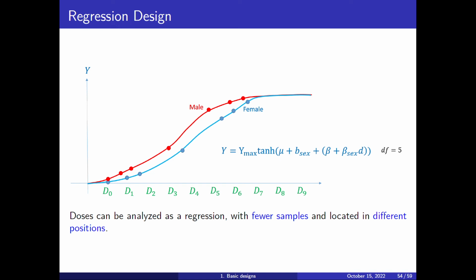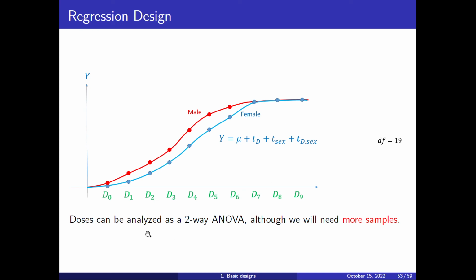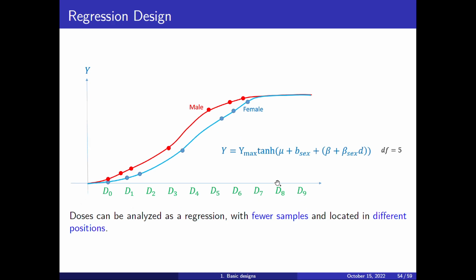So I don't need 10 equally spaced doses any more, but the optimal design, and I can do this before doing the experiment. Remember your system matrix, you can design it before doing the experiment. So the system matrix, the best sampling doses, I can distribute them all over the curve, and they don't need to be equally spaced.